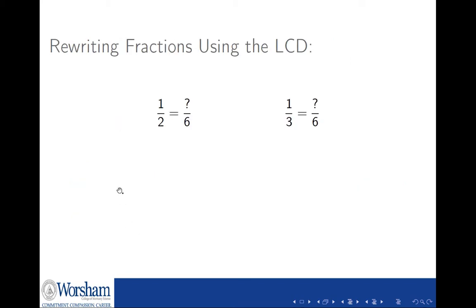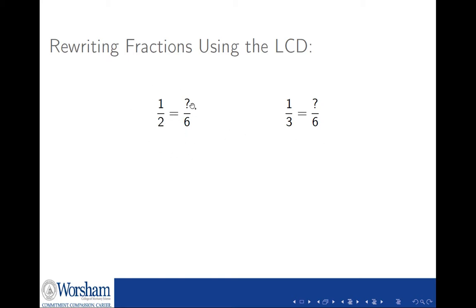Okay? So our first fraction was 1/2. Our second fraction was 1/3. And we need to rewrite both of these fractions as something over 6. Something over 6. Okay? We got to figure out what that something is. So in order for us to do this, okay, we got to be very careful with it.